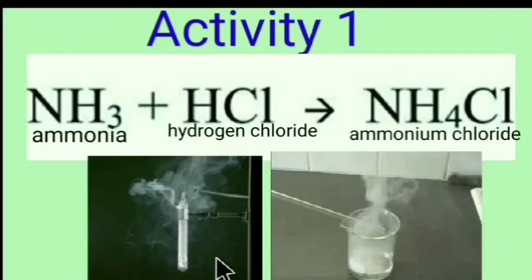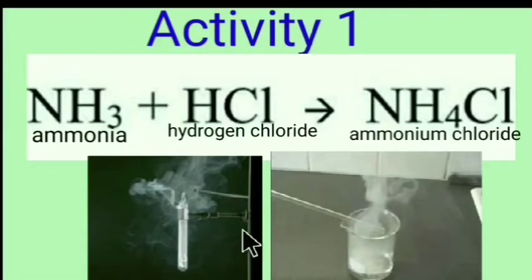Heat the test tube. Then dip a glass rod in an ammonia solution and hold it on top of the test tube or beaker. You will observe white smoke emanating from the tip of the glass rod.